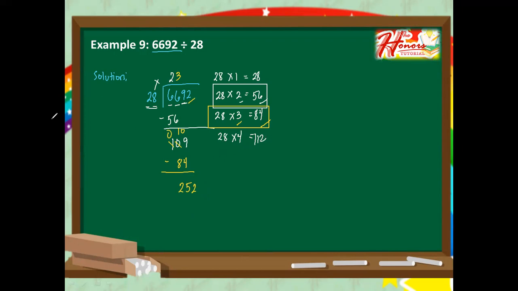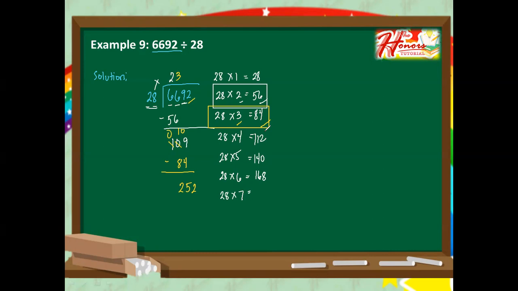Let's continue this. So this is 28 times 5. 28 times 5 is equal to 140. Let's try 28 times 6. That is equal to 168. Next, let's try 28 times 7.